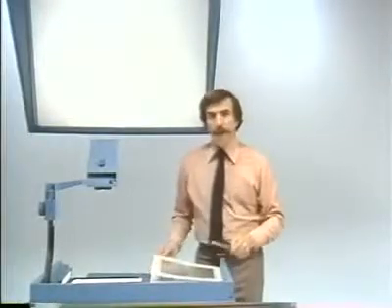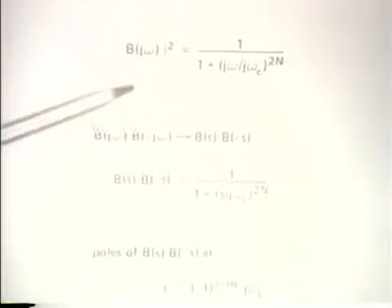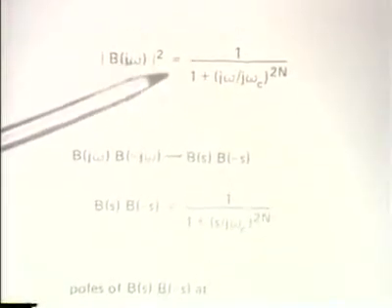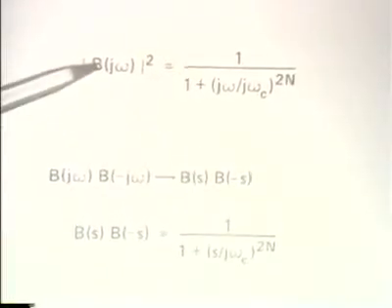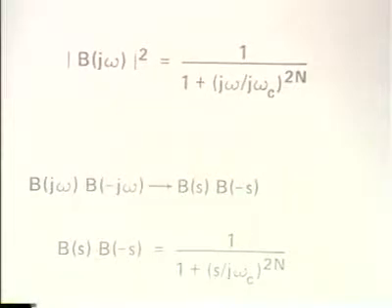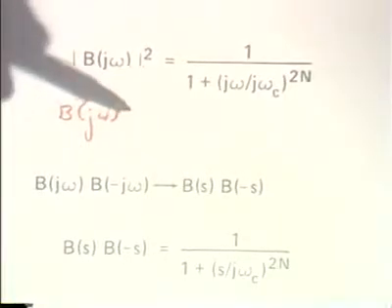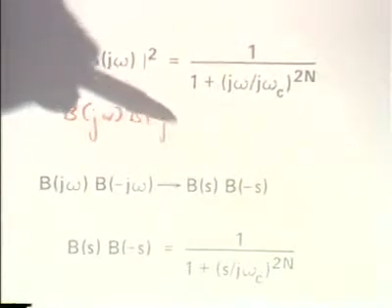Now, in designing Butterworth filters, what we will want to look at is the location of the poles of the system function. And we can infer those from our definition of the frequency response for the Butterworth filter. In particular, we have this expression for the magnitude squared of the frequency response, and we recognize that as B of j omega times B of minus j omega.